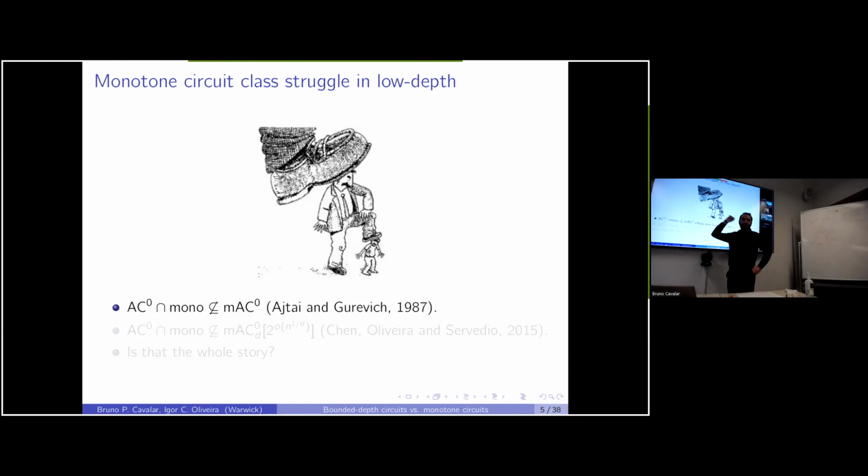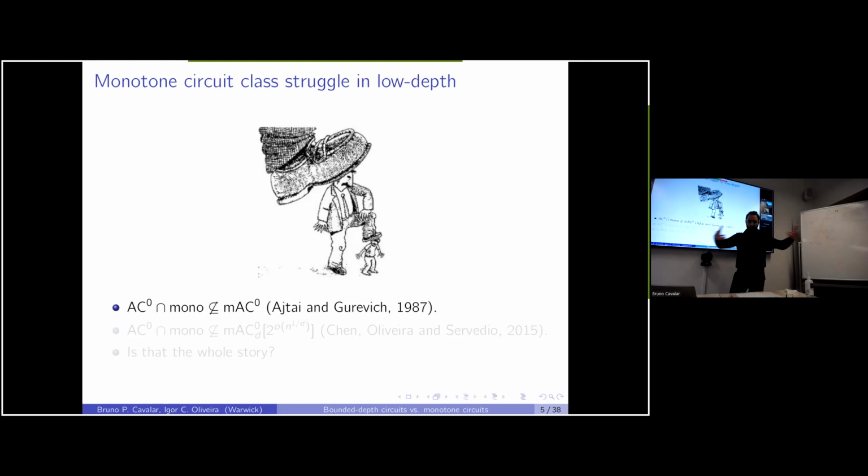So one of the objects we'll be interested in today is the constant depth circuits, as the title said. AC0 is how we name this class of circuits, which have constant depth, and to avoid it being a trivial class, we require that the fan-in of the AND and OR gates is unbounded.